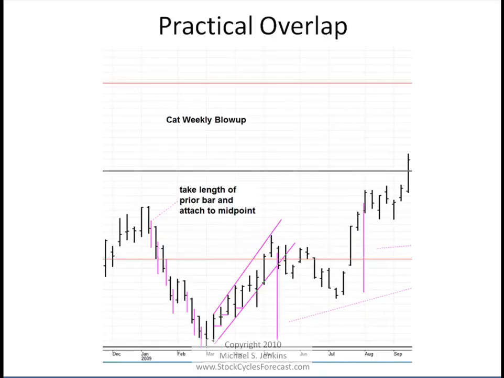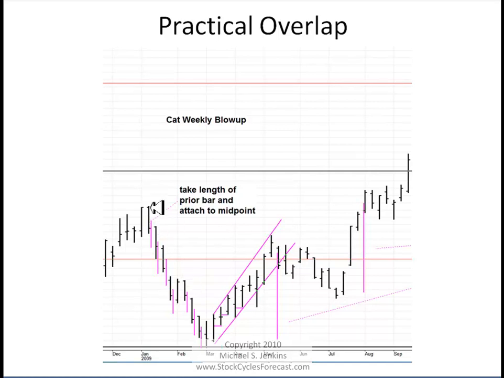You can also determine overlaps in a practical sense this way. Here's a weekly chart of Caterpillar. Take your draw line tool and just draw a copy of the previous day's bar. And that's what this red one is here. And then take it and drag it down and attach it to the middle of the bar.